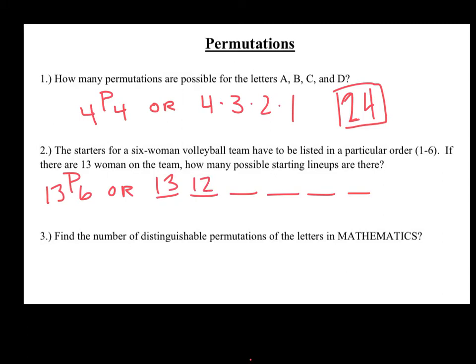Then once you've chosen that position, there would be 12, and then 11, and then 10, and then 9, and then 8. You would then have filled your 6 positions, and that would give you your number of ways to choose the 6 women. So 13P6 or 13 times 12 times 11 times 10 times 9 times 8. Either way, you get 1,235,520 different ways.